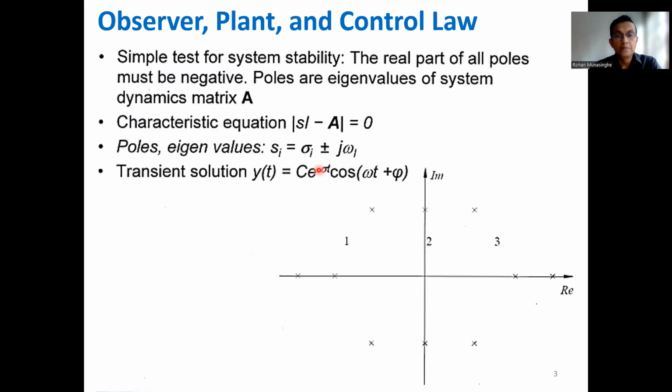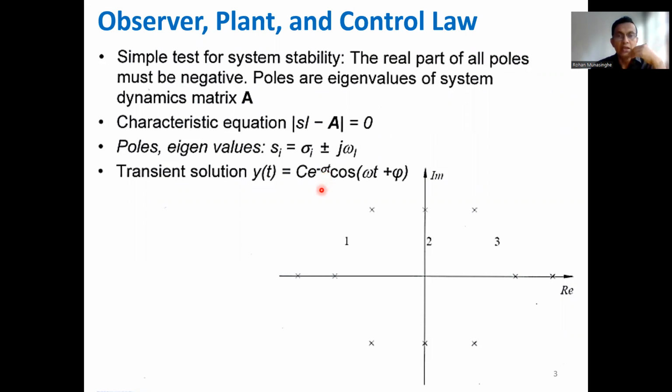So what you get is a decaying sinusoidal. It's a cosine waveform, but in front of it you have an amplitude that gets smaller and smaller as time goes on. That is why negative real parts tell us the response gradually decays down to zero with time, so the system is stable.